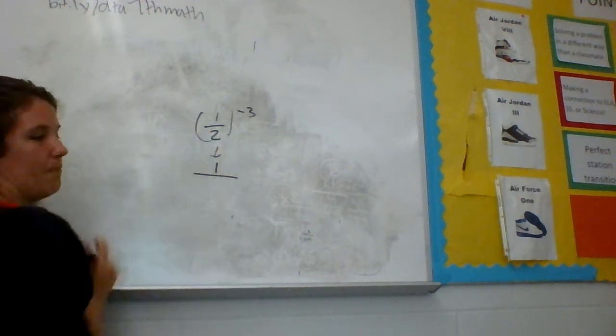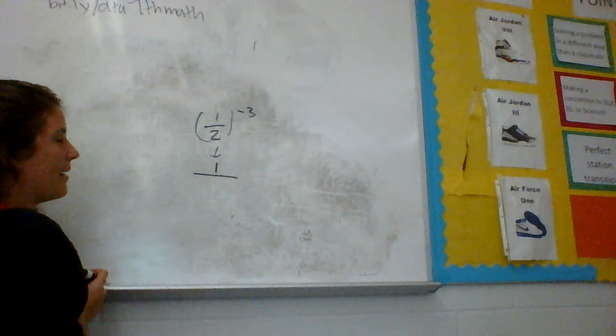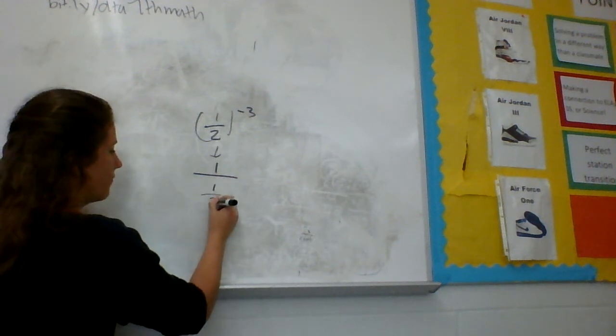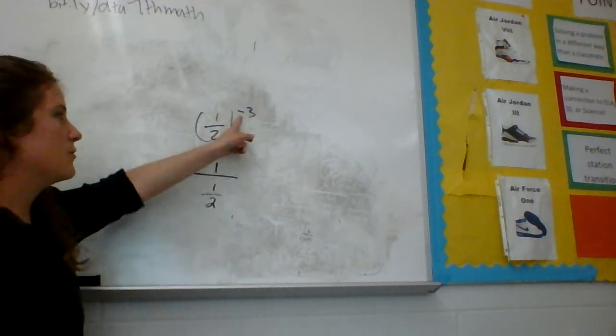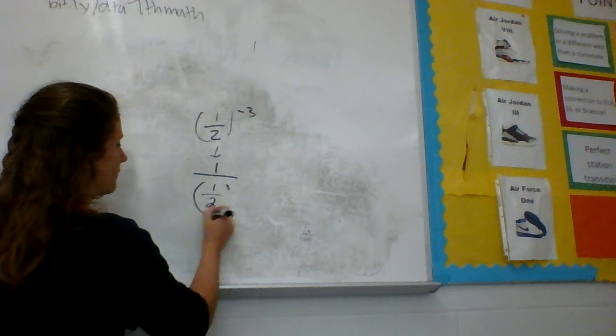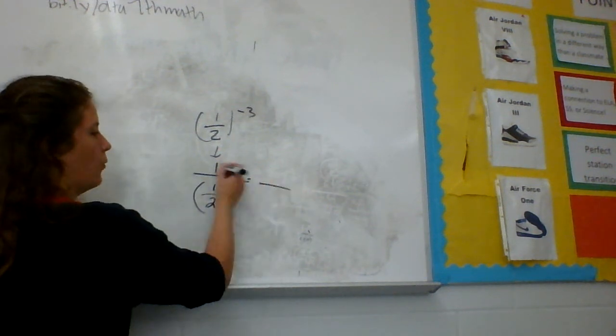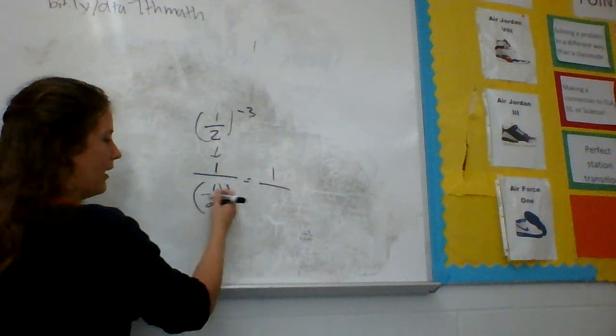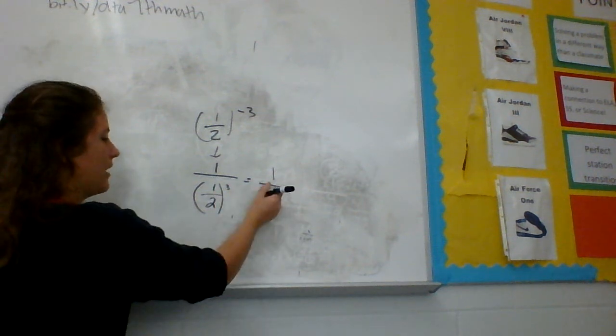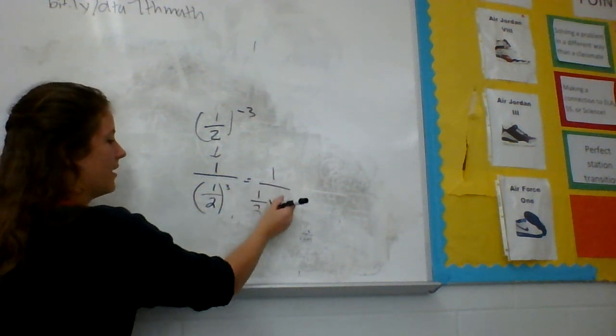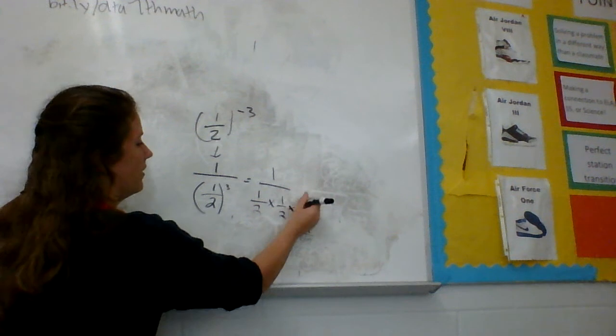And then I'm going to take my base. My base is 1/2. And it's going to go to the third power. Now I'm going to keep rewriting this. This 1 stays the same. And I have 1/2 to the third power, so that means my base is repeated 3 times. 1/2 times 1/2 times 1/2.